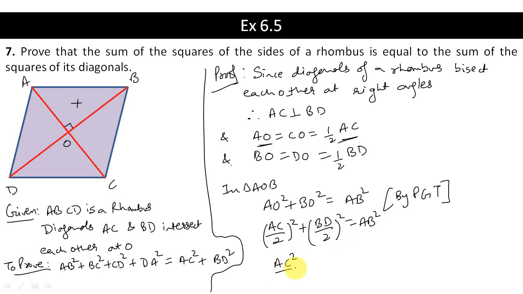So AC square by 4 plus BD square by 4 is equal to AB square. What I have done is squared the numerator and the denominator. So now if I take the LCM, I'll get AC square plus BD square by 4 is equal to AB square.